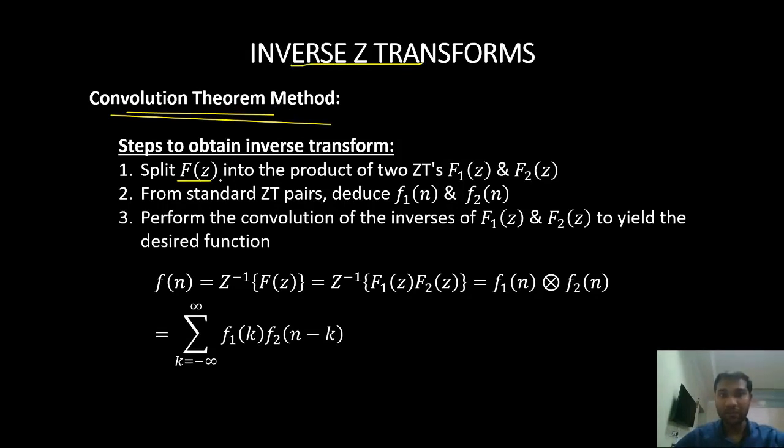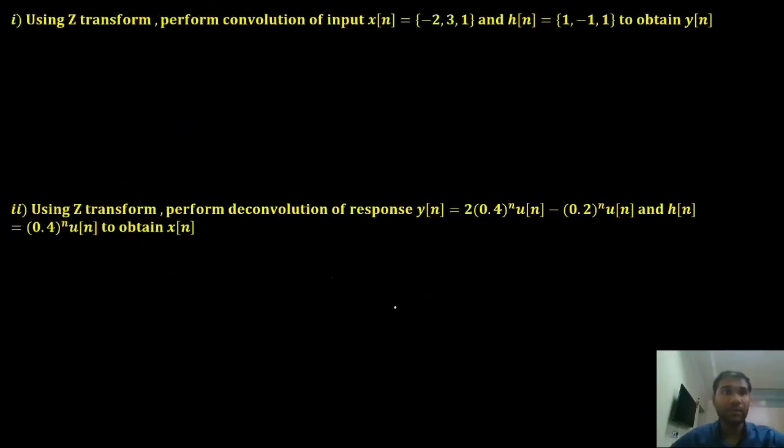First we'll split f of z as a product of two different Z transforms, and from standard Z transform pairs we will deduce the inverse Z transforms for f1 and f2, and finally we'll perform convolution of these inverses, f1 of n and f2 of n, to yield the desired function. That is what we'll do. So using Z transform, perform convolution of the input x of n and h of n to obtain y of n.